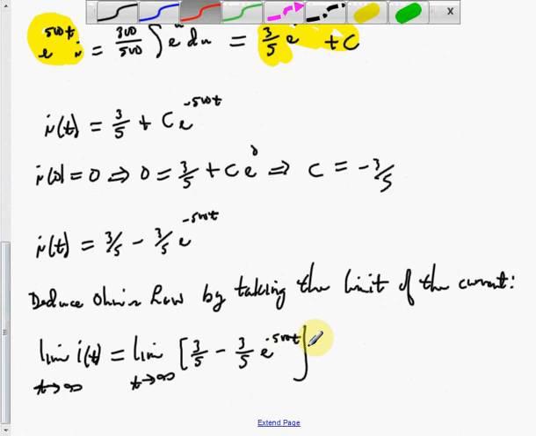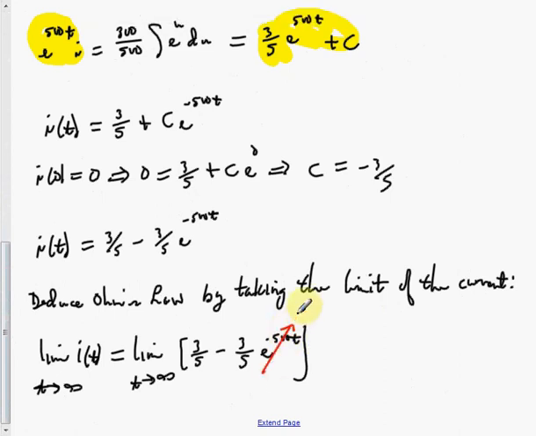Do you see that? Because it's really downstairs. It's really 1 over e to the 500t. So as t enlarges, 1 over e to the 500t goes to 0. So all you have left, the limit of a constant is a constant. So all you have left is 3 over 5. That's equal to I.